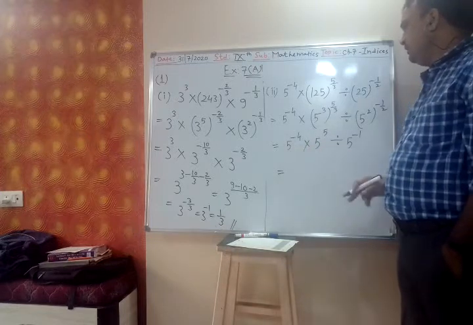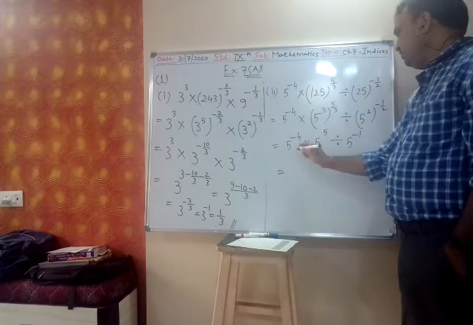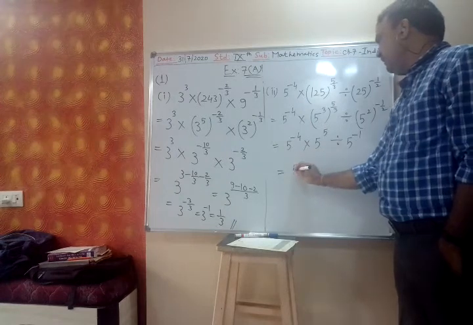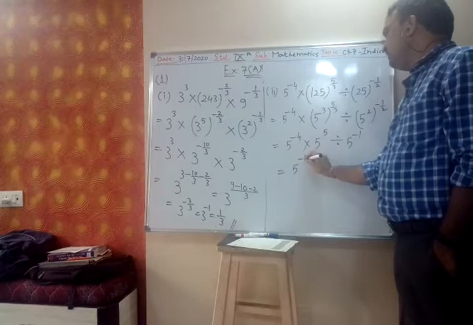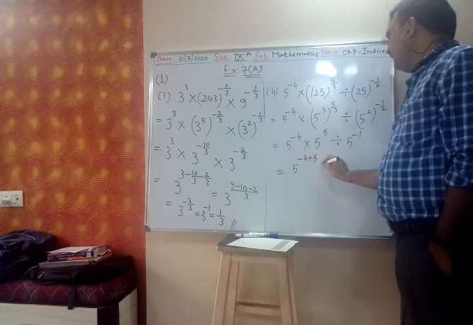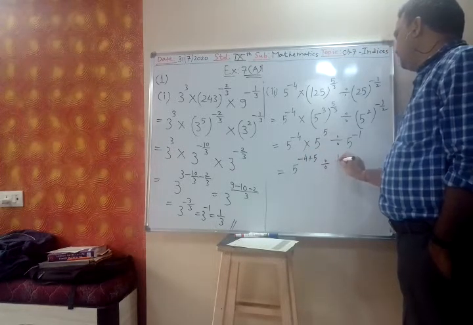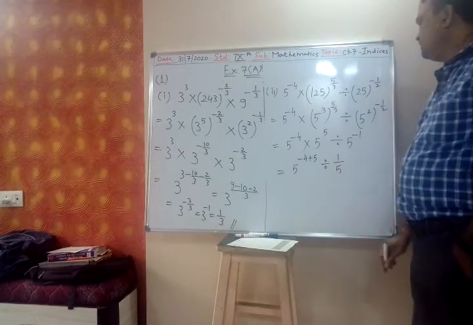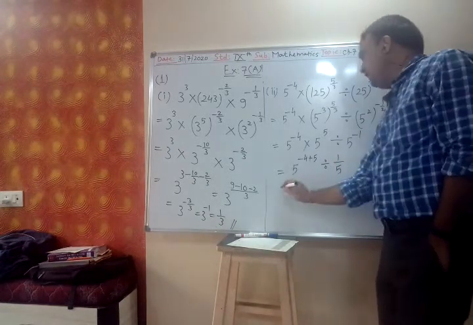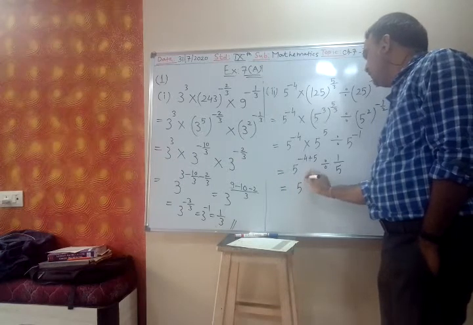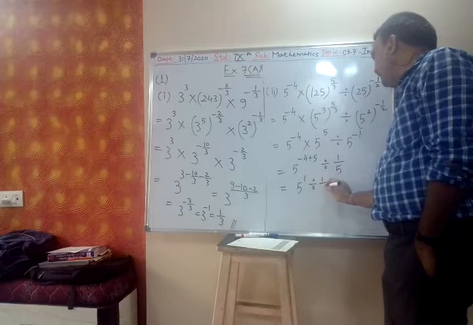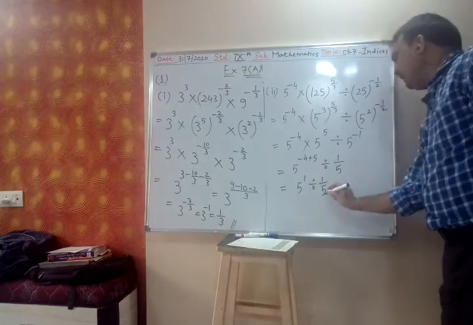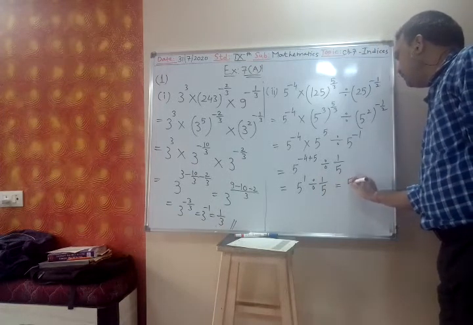Power into power, so with base 5 we add the powers: minus 4 plus 5, which is 5 raised to 1, divided by 5 raised to minus 1, which is 1 upon 5. So 5 raised to 1 divided by 1 upon 5. 5 raised to 1 means 5.